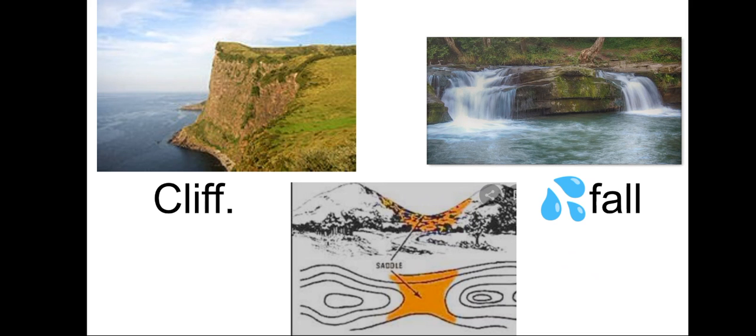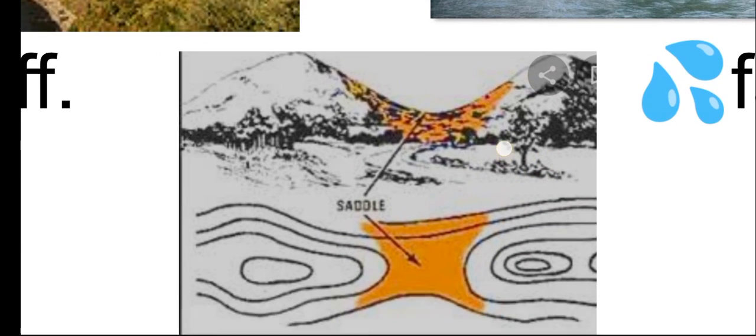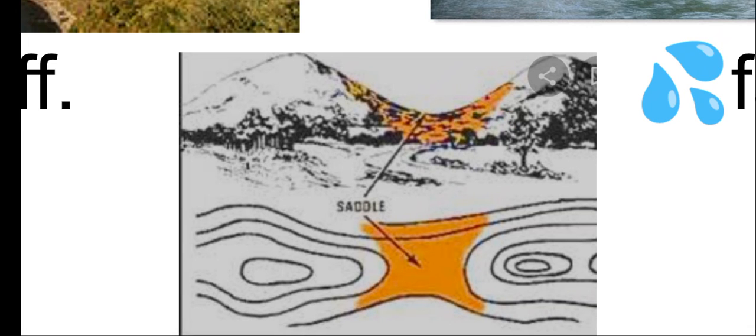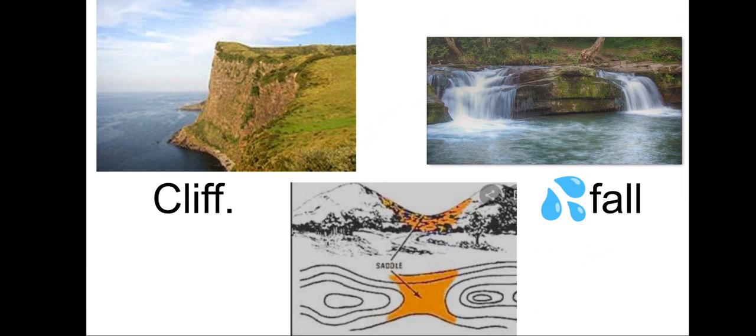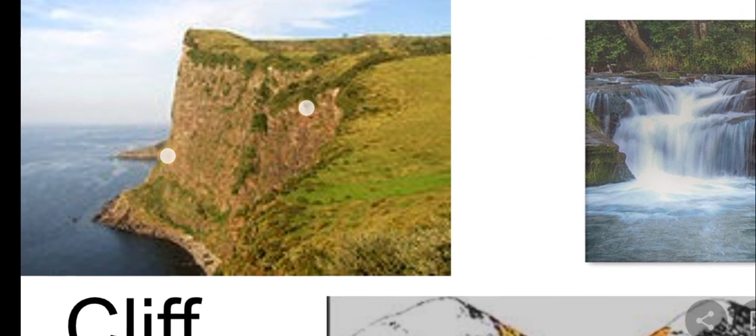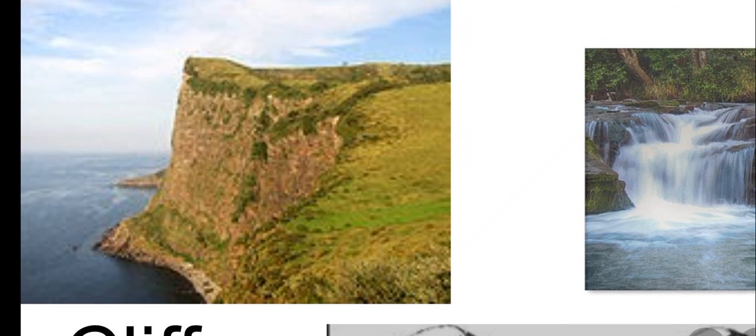A saddle is normally represented as an hourglass. Cliffs are also shown by contour lines very close together, and in some instances touching each other, like this. As you have seen, this is a straight one, so obviously the lines will be nearer to each other.